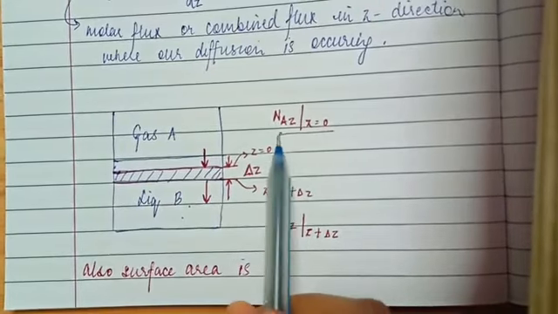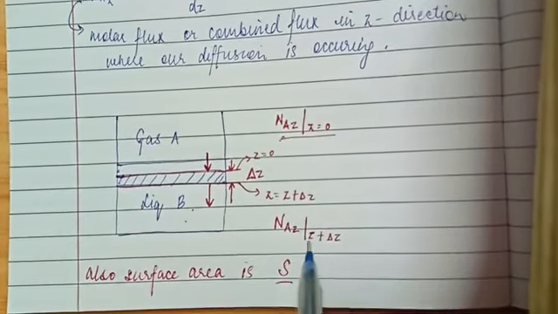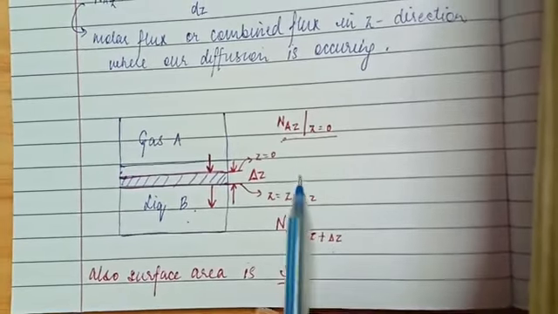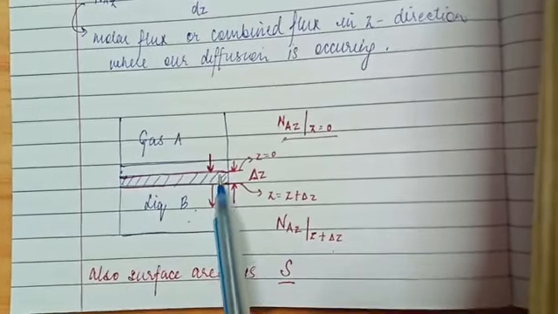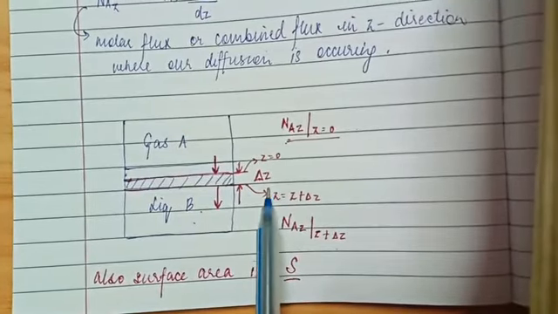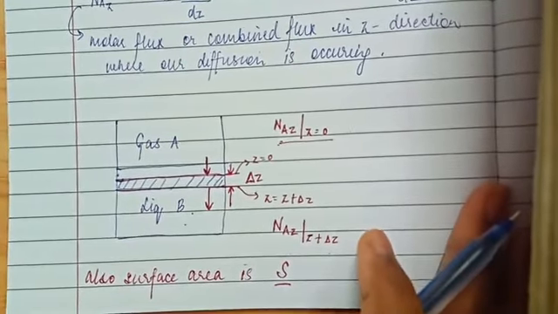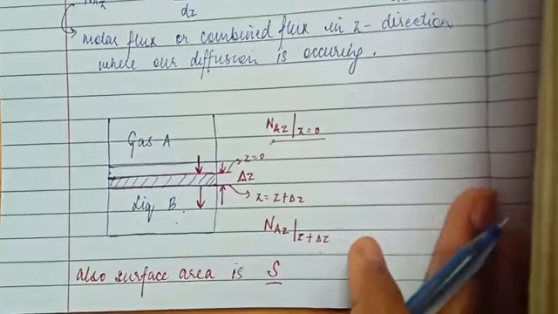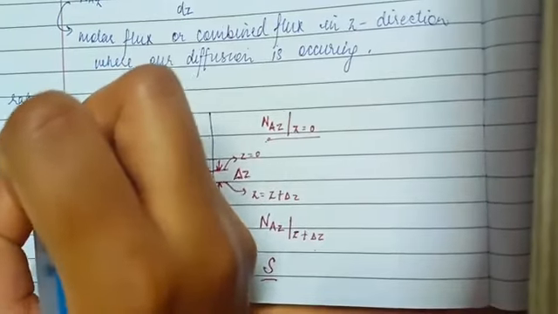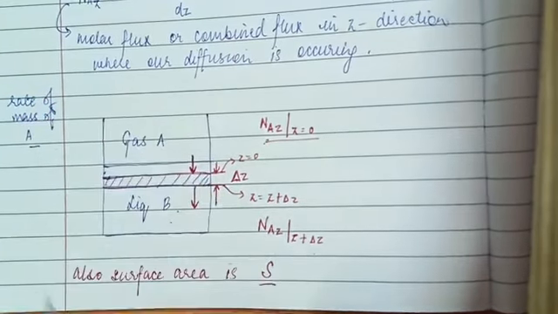So, as we saw earlier, NaZ at Z is equal to 0 and NaZ at Z plus delta Z are nothing but fluxes that are coming in and going out of the shell of infinitesimally small thickness delta Z. But as we have seen in the shell mass balance equation, we need the terms of rate of mass of A that is coming in and going out.